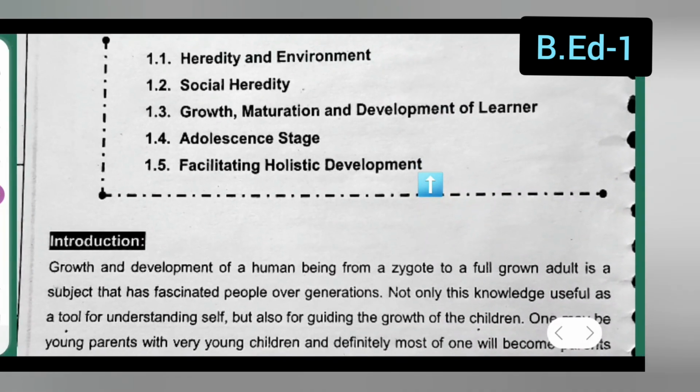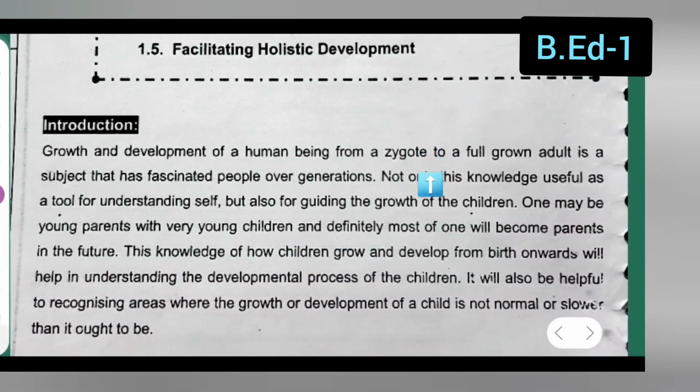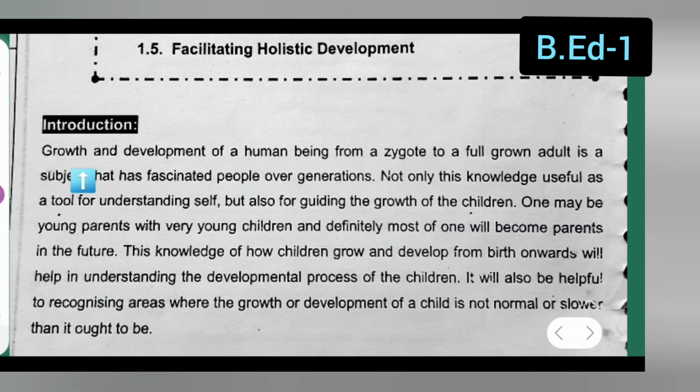First you all can take down the introduction. Okay, growth and development of a human being from a zygote to a full grown adult is a subject that has fascinated people over generations. Not only is this knowledge useful as a tool for understanding self, but also for guiding the growth of the children. One may be young parents with very young children, and definitely most of one will become parents in the future.